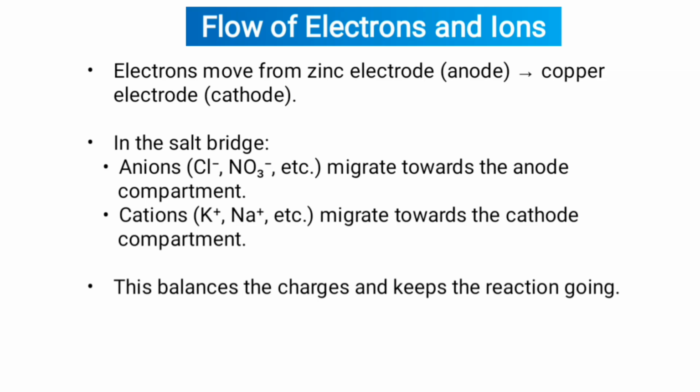Cations, meaning potassium ion and sodium ion, migrate toward the cathode compartment. This balances the charges and keeps the reaction going.